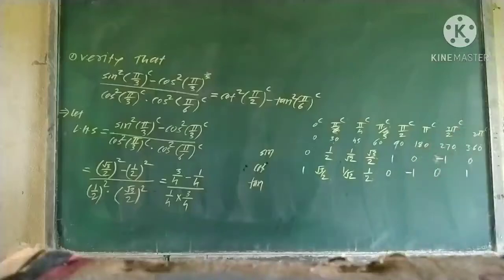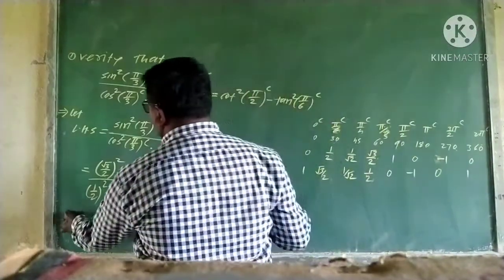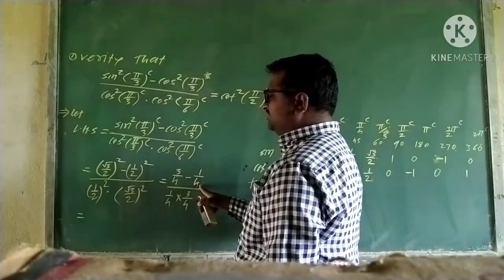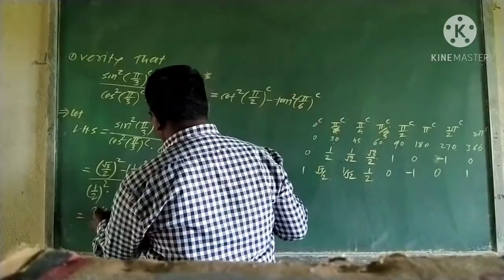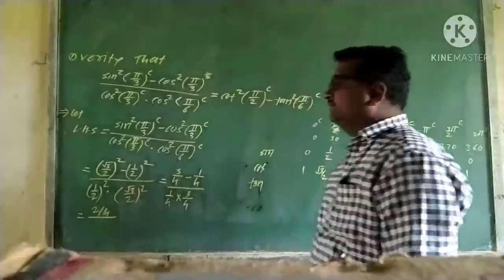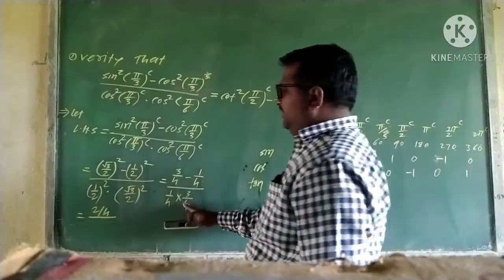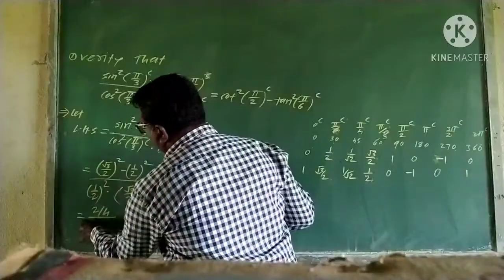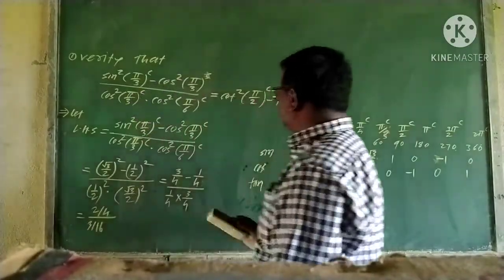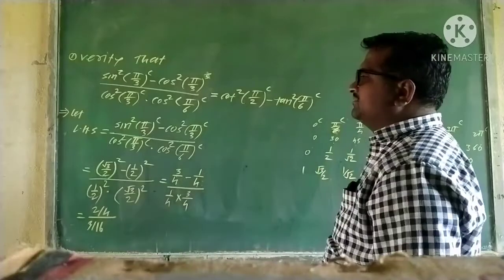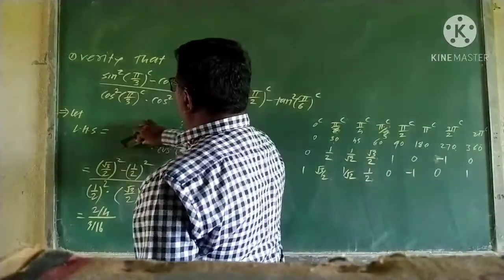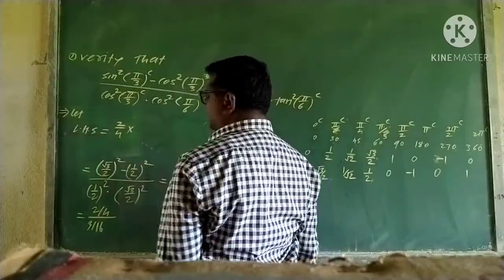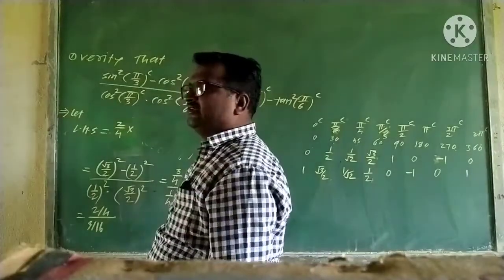Now here in the numerator, the denominator is the same, so this term is 2 divided by 4, divided by, in the denominator, the multiplication of these two terms, which is 3 divided by 16.